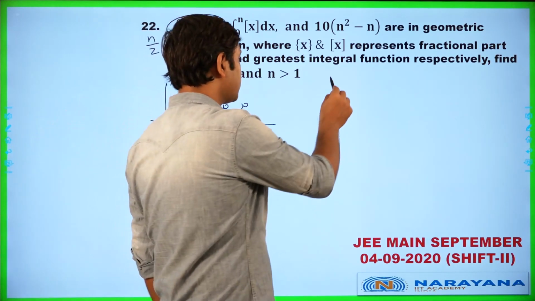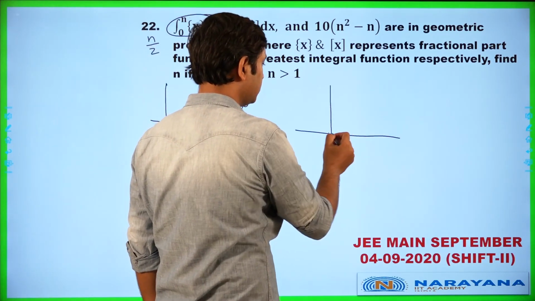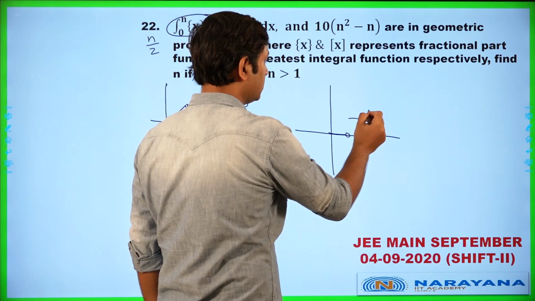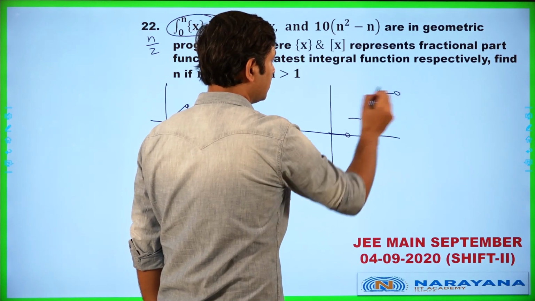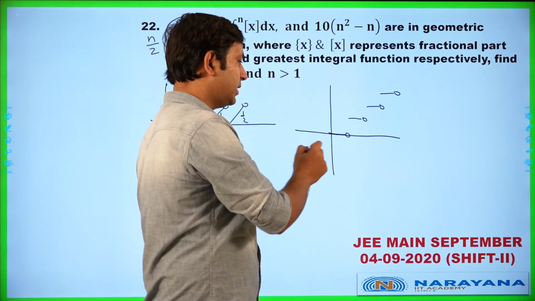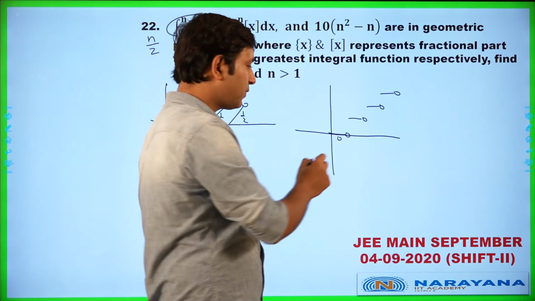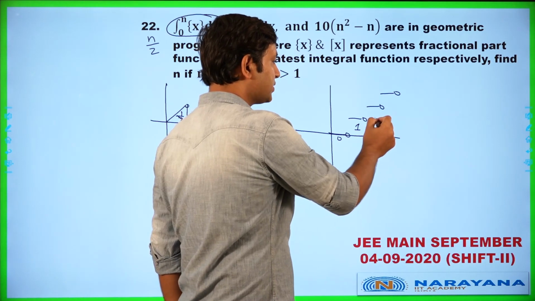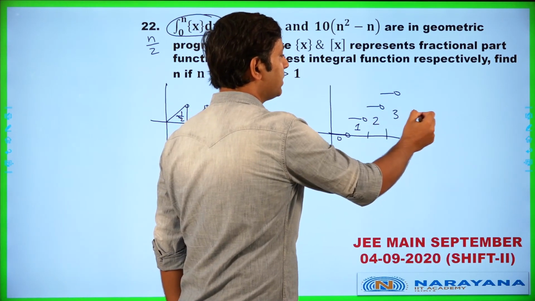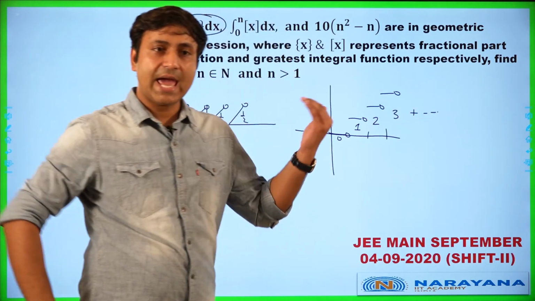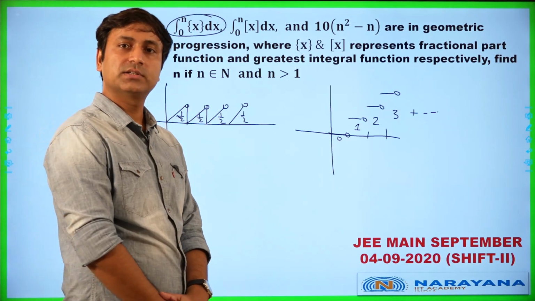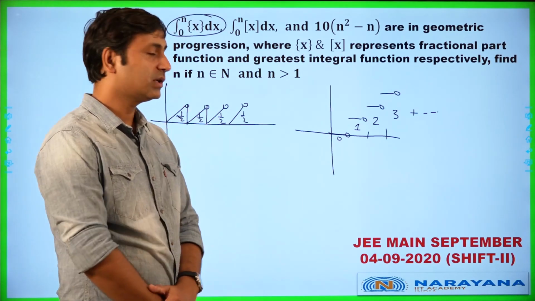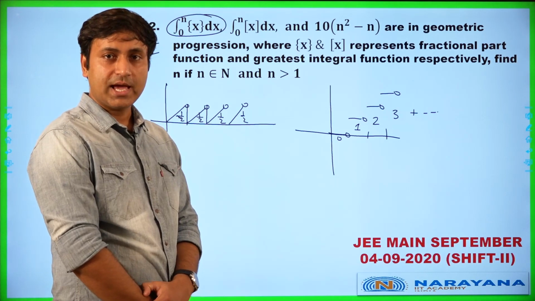Similarly, from the graph of the greatest integer function, if we integrate from 0 to 1, it is 0. If we integrate from 1 to 2, it is 1. From 2 to 3, it's 2. Then it's 3, dot dot dot, till n. If we integrate, the last rectangle will be of area n minus 1.